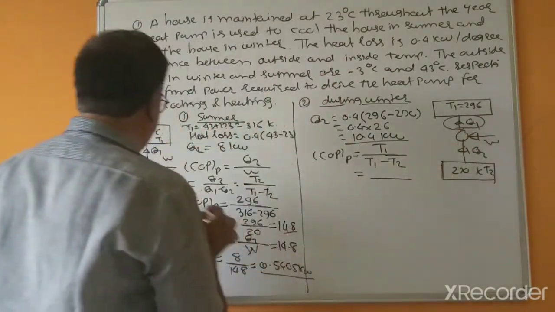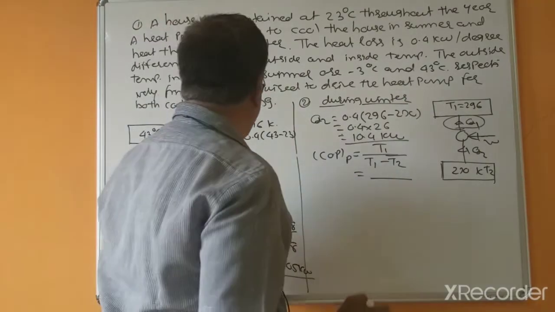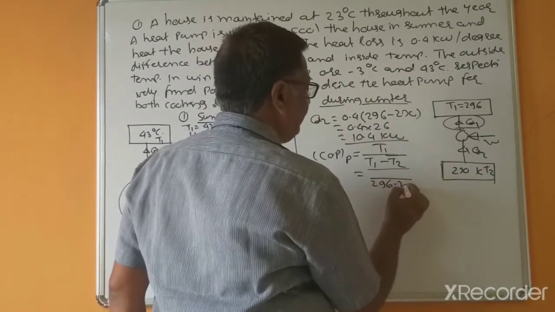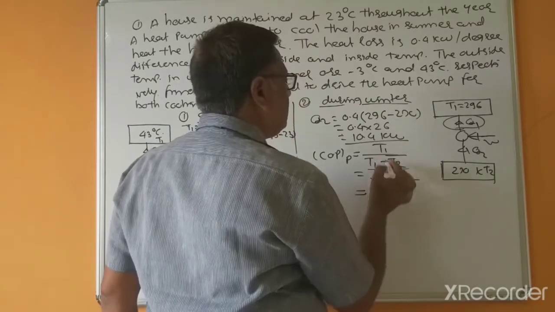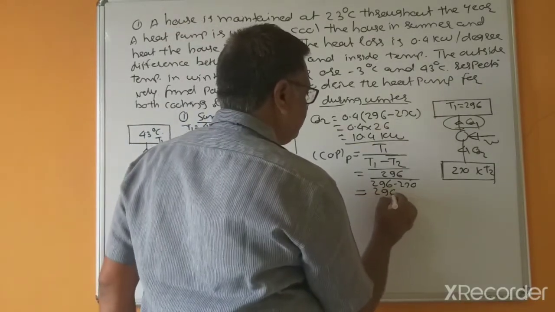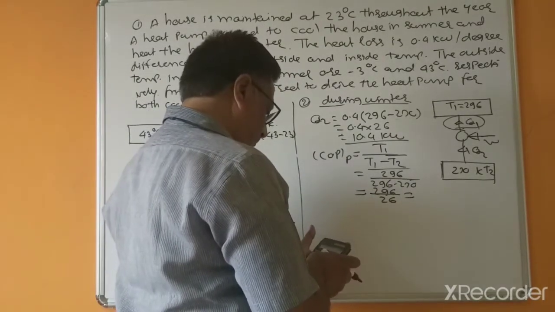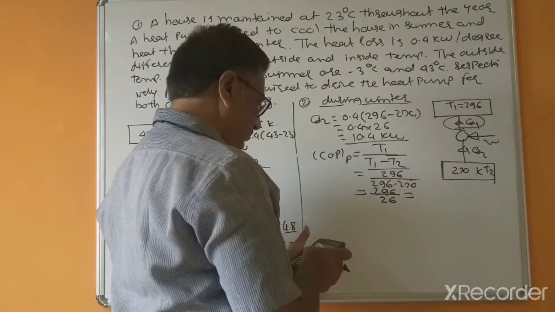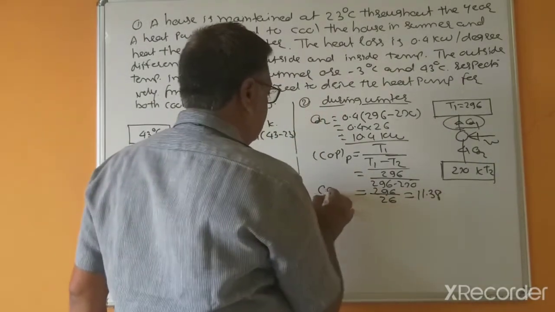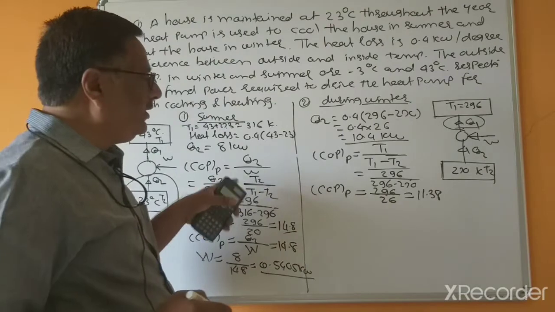T1 is 296, and the difference T1 minus T2 is 26. So 296 divided by 26 is 11.38, the COP, and this works as a heat pump, and this works actually as a refrigerator.